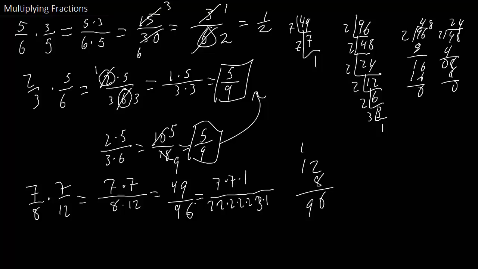Okay, this 3 looks horrible. Okay, so right here we would just cancel out anything that's the same on the numerator and the denominator, and as you can see, nothing is the same, so we just keep it like this, and this is our lowest fraction for that problem.